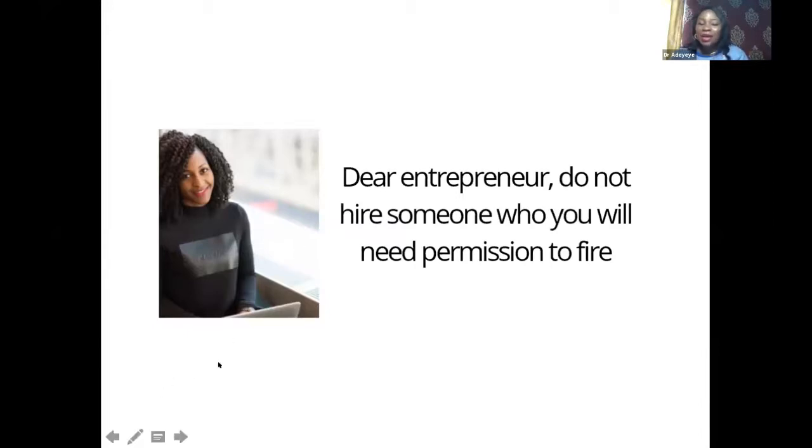Then, another thing I also want to deal with before we go on is about hiring of family members, or people who are related to you. Please, it's okay to hire them if they are the right fit, but do not hire if you don't have your policies documented, because definitely at some point there could be this thin, confusing line between them being your staff and familiarity coming in.